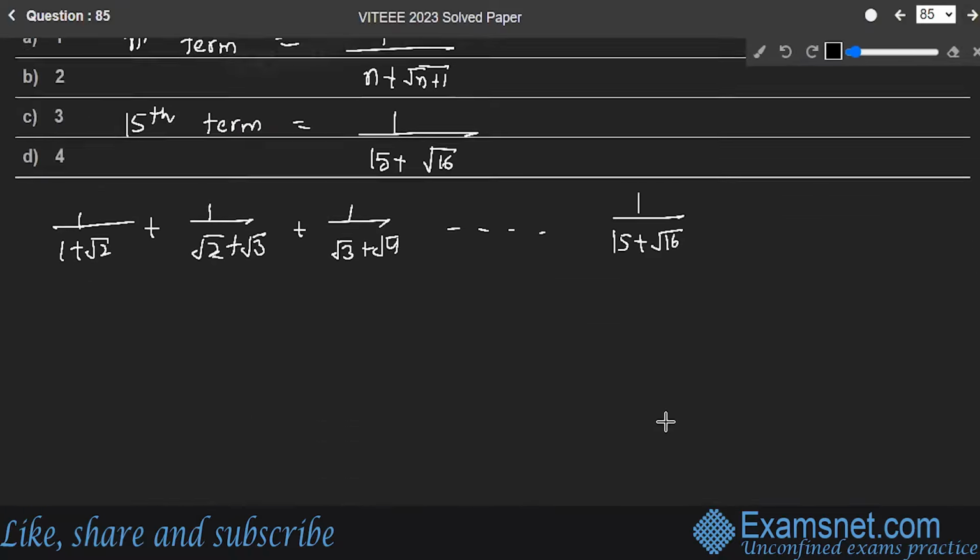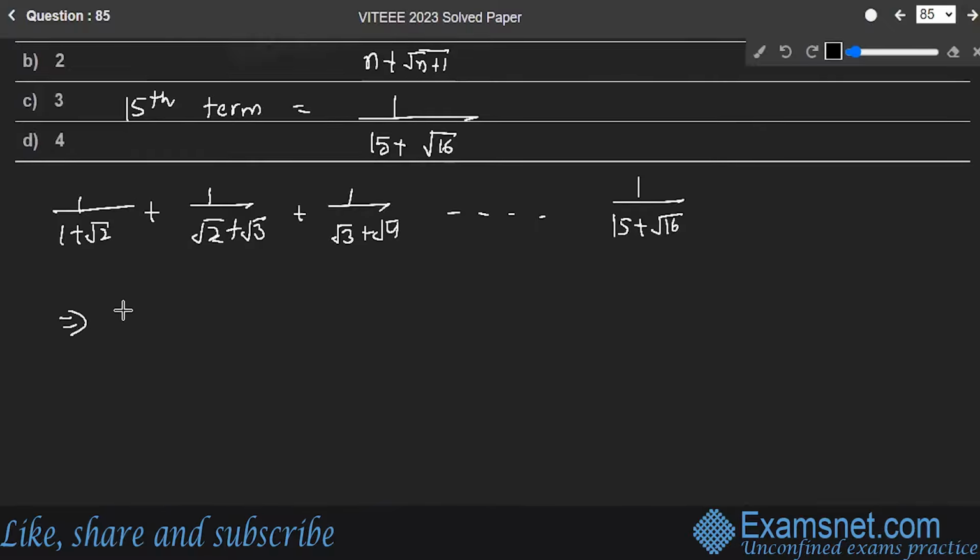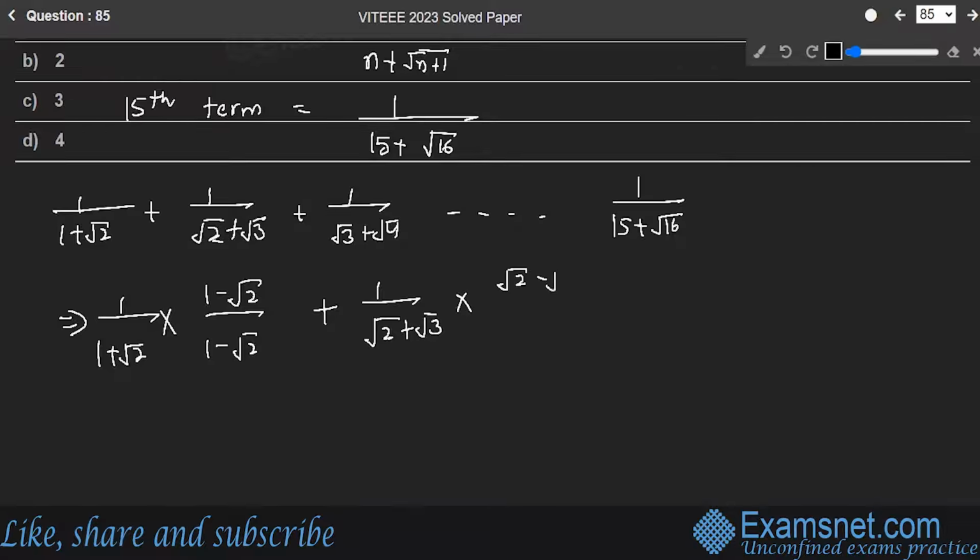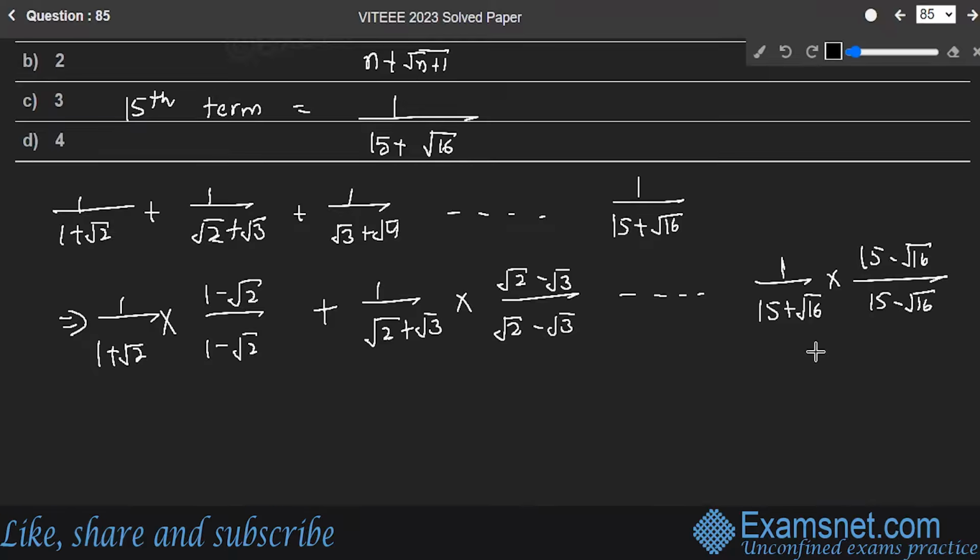Now this can again be written as, let's rationalize all the terms. Into (root 2 minus root 3) upon (root 2 minus root 3), and so on till 1 upon (15 plus root 16) multiplied by (15 minus root 16) upon (15 minus root 16).